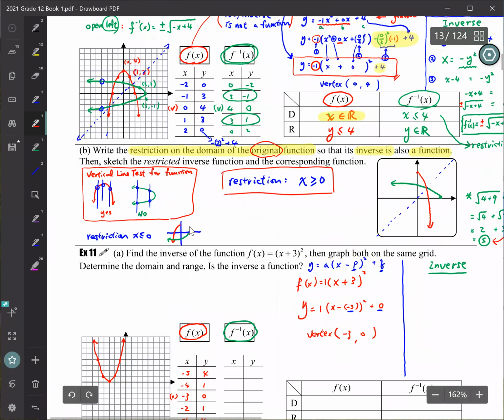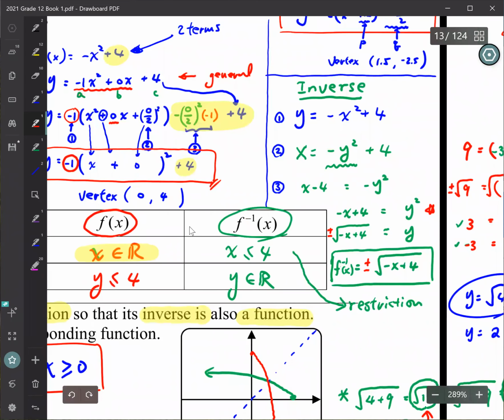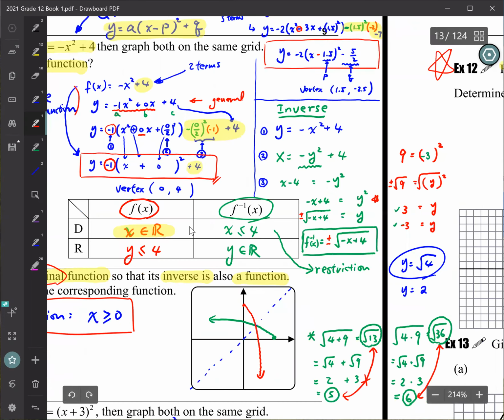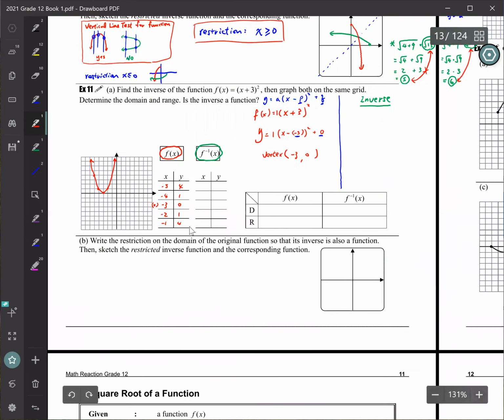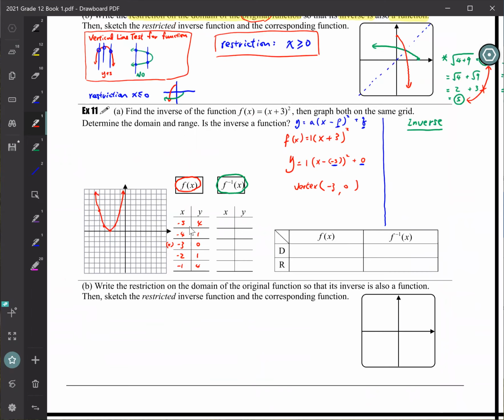For inverse, follow the 3 steps. Look at the previous example. Step 1, write it as y. Step 2, switch x and y. Don't forget step 3, you need plus minus. Caleb, Eric, Evan, Justin, Philip, do you have questions about graphing the original? No? Okay, please raise your hand if you finish the graph.